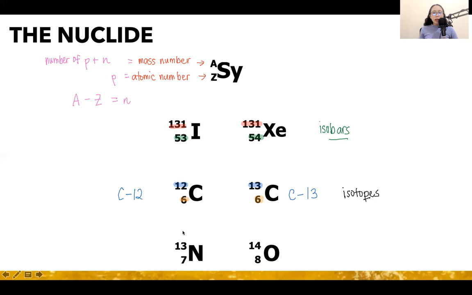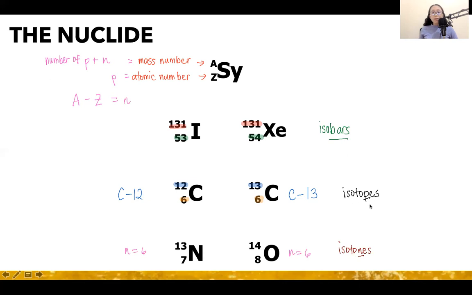So, how many neutrons do we have in nitrogen 13? It's 6, right? How many neutrons do we have in oxygen 14? It's also 6. So there is also a term used to describe such a pair of atoms, and they are called isotones.